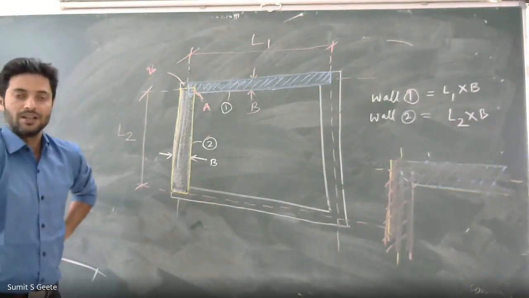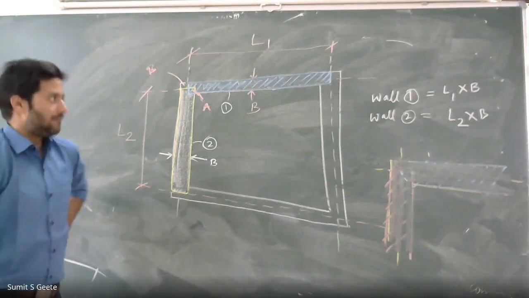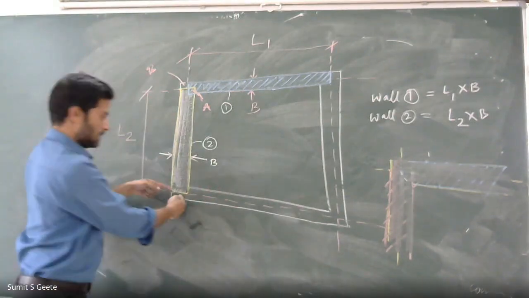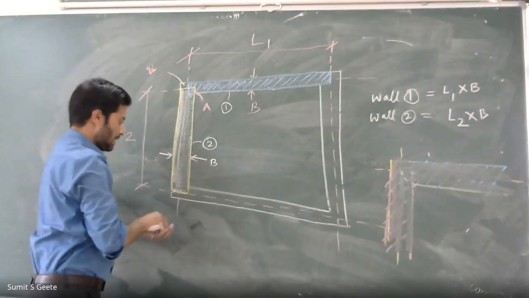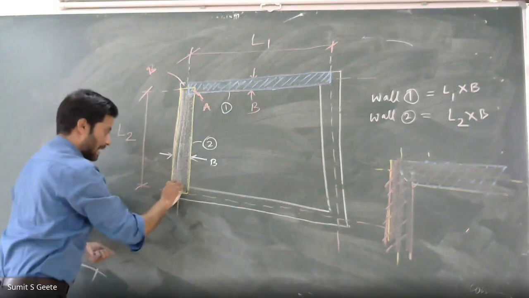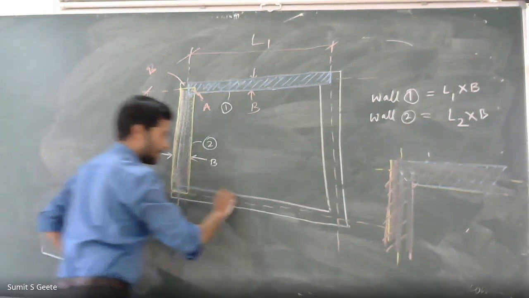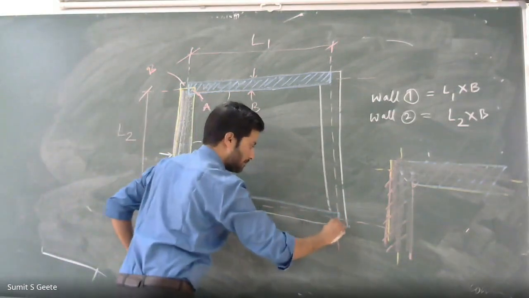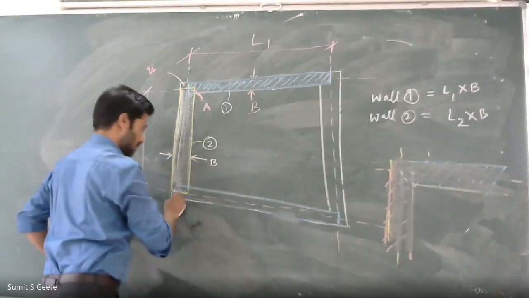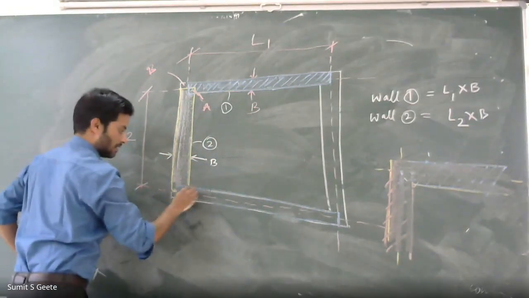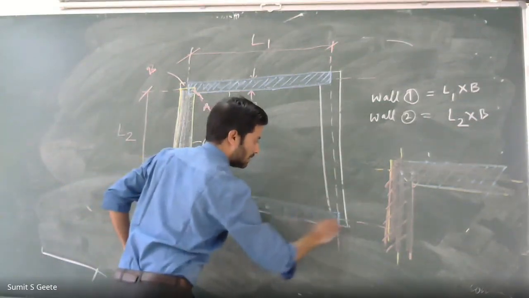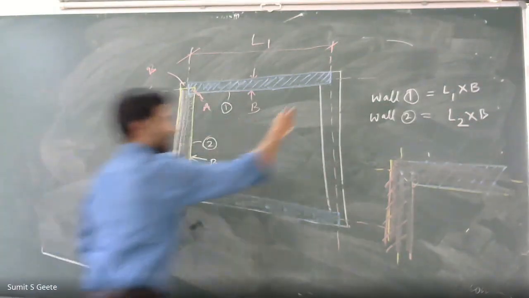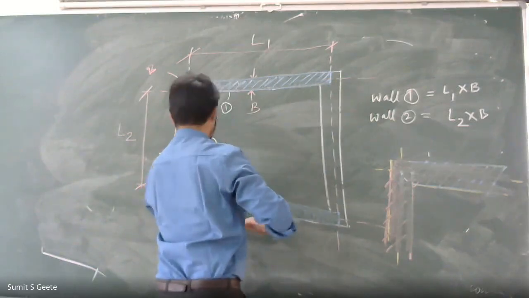It is okay. In the same way, the same rule is applicable over here, because the same wall is there, the same line. So what happened? This area is hatched in this way, and the same area is on this side. So this portion is again hatched.